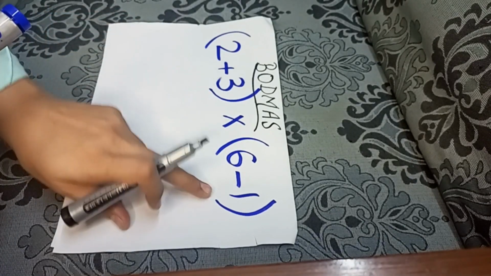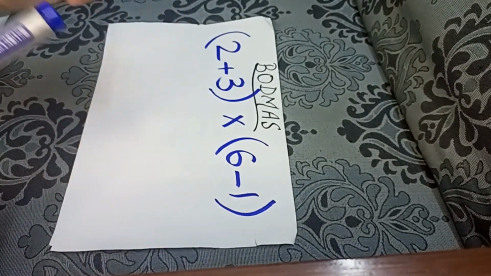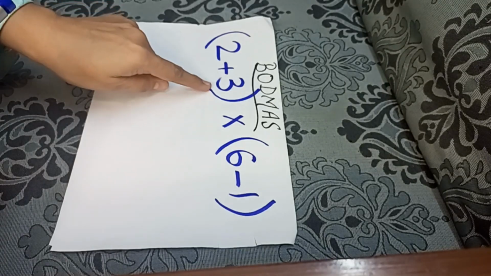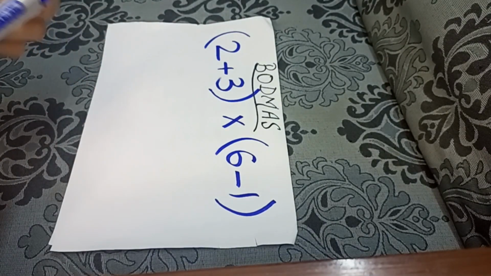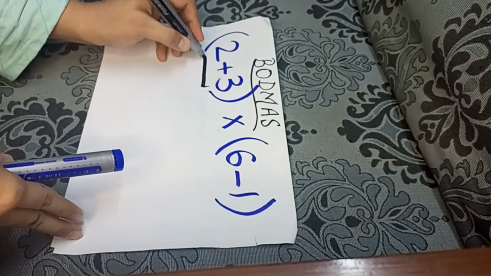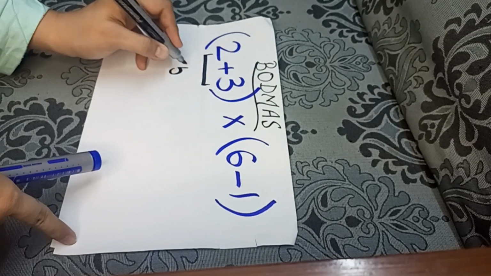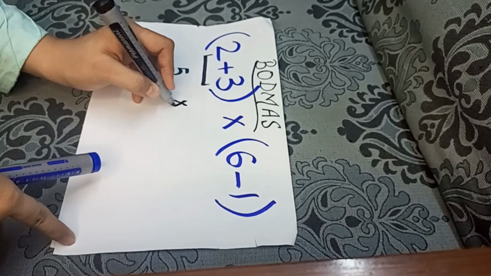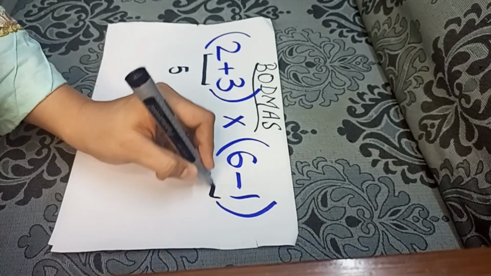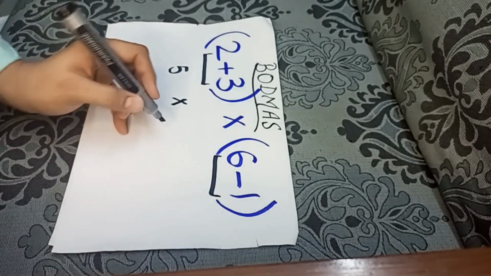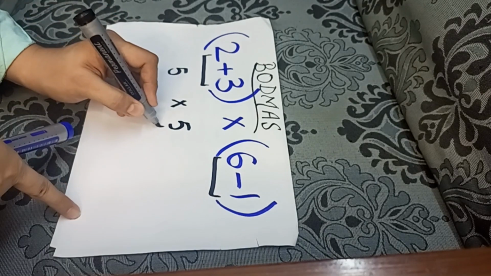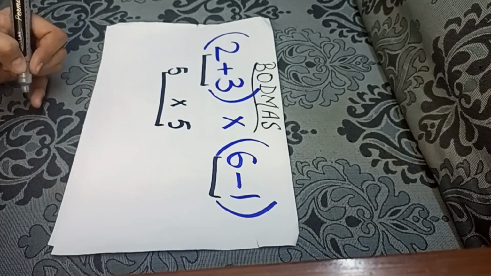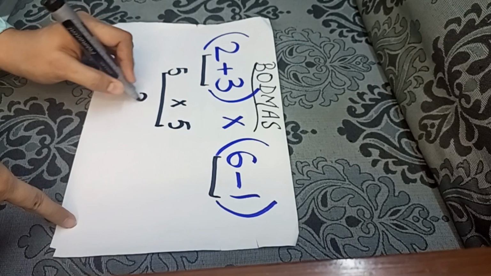You are not supposed to do the multiplication here. Solve the first bracket, that is 2 plus 3 equals 5. Multiply sign as it is, and 6 minus 1 is equal to 5. Now you have to multiply these two numbers. 5 into 5 is 25.